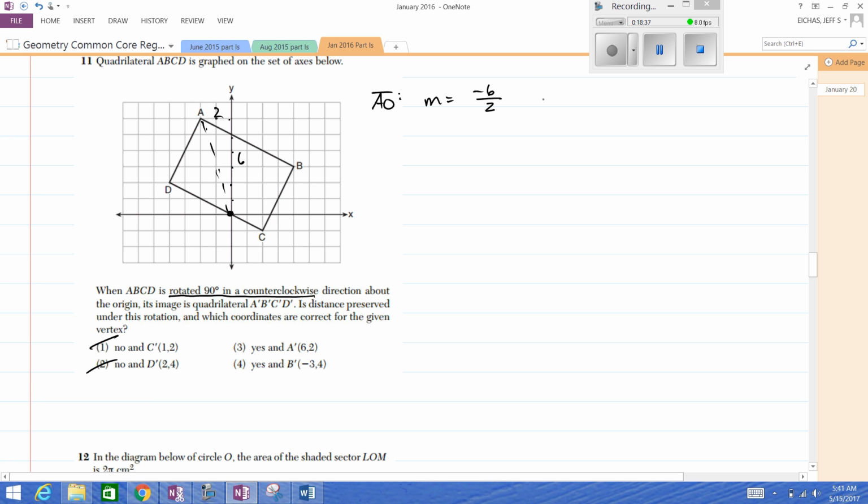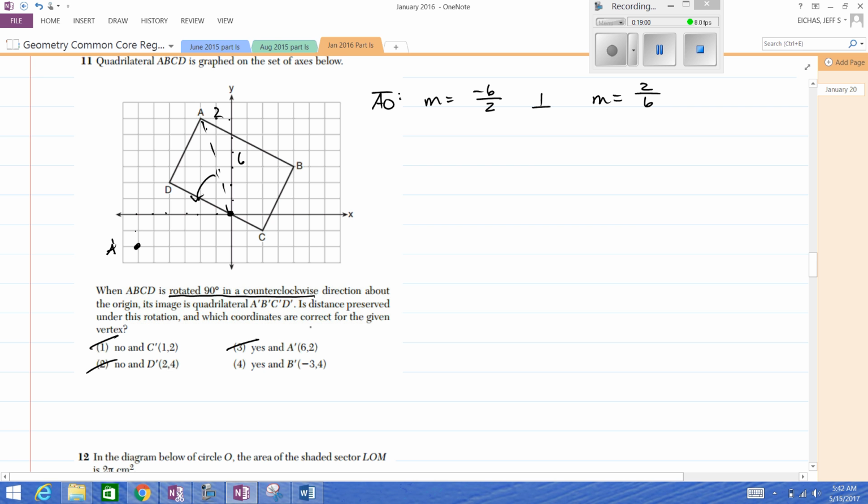So then we've got to go perpendicular to that. All right, we're going to use positive 2/6. So we could go this way, but that's the wrong direction. We got to go that way. So 1, 2, 3, 4, 5, 6, 1, 2. So there's A prime. Oh, that's in the wrong spot. All right, get rid of that one.